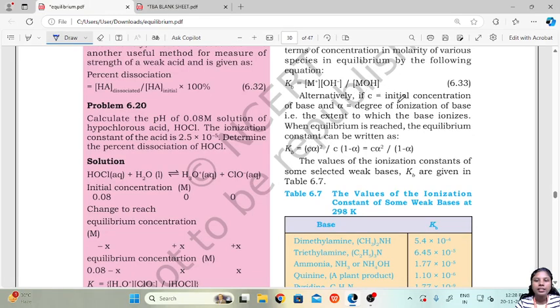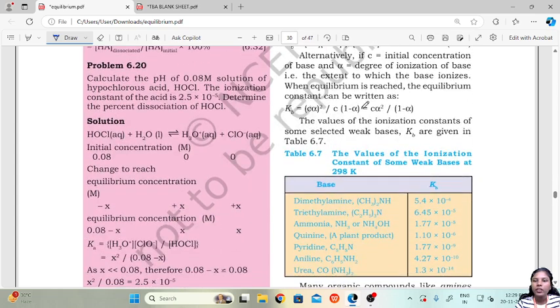Alternatively, C is the initial concentration of the base, and alpha is the degree of ionization of the base, that is, the extent to which the base ionized when equilibrium is reached. The equilibrium constant can be written on the same basis: Kb equals C alpha into C alpha, and in the denominator we have C minus C alpha. From this, if we take C common, we get C square alpha square upon C into 1 minus alpha.